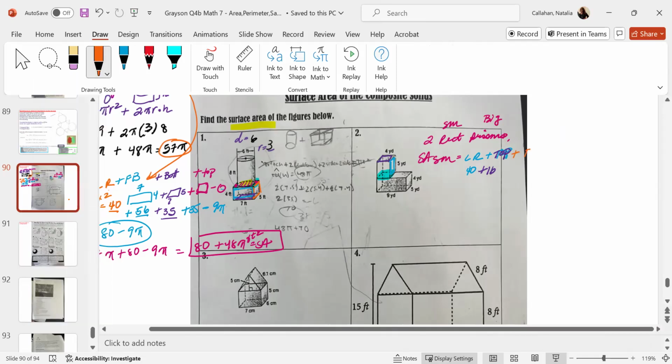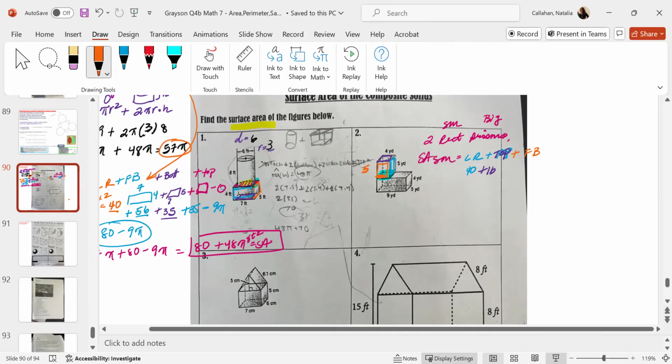And then what's left? Bottom. No, front and back. What are the two numbers for that? This is 5, right? But what is this part right here? 4. How do you get 4? Because that's the bottom of it.